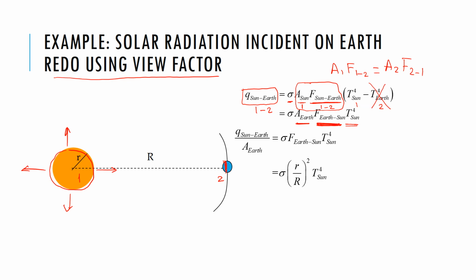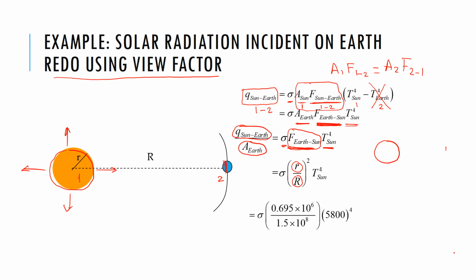So the amount incident on earth per unit area of earth is equal to sigma F earth to sun times T sun raised to the power 4. Now F earth to sun, using a sphere and a small area, is something we derived, and that's simply equal to the radius over distance squared.